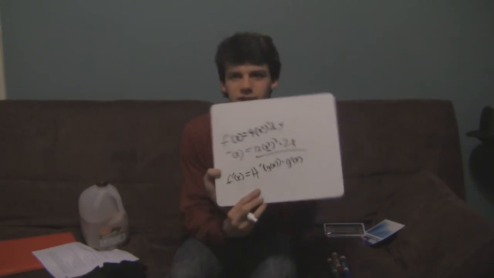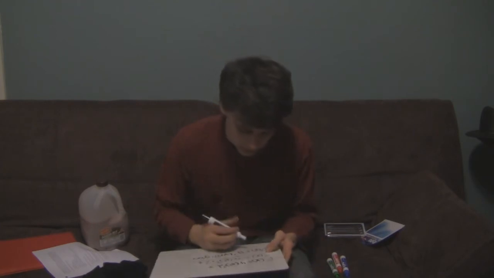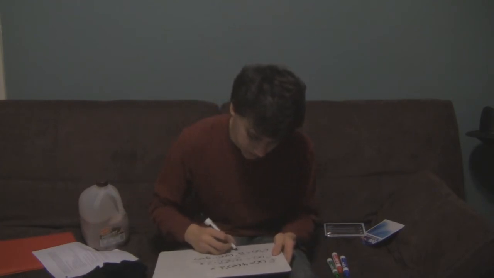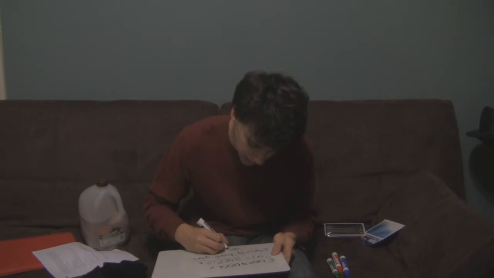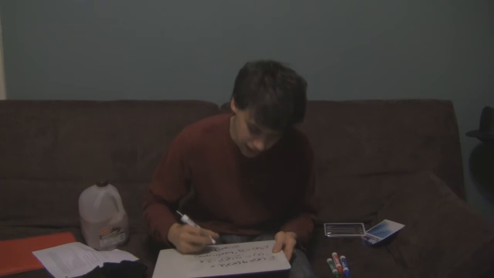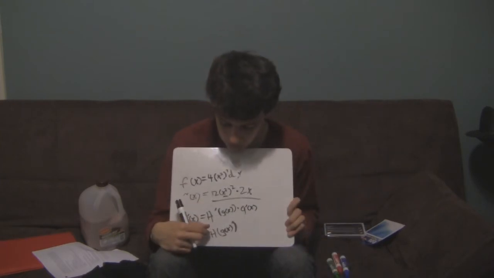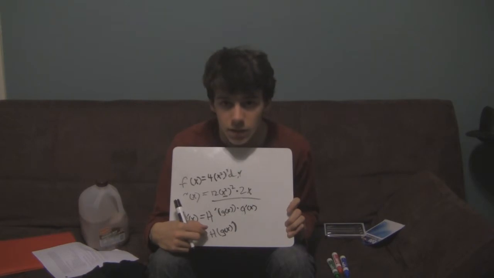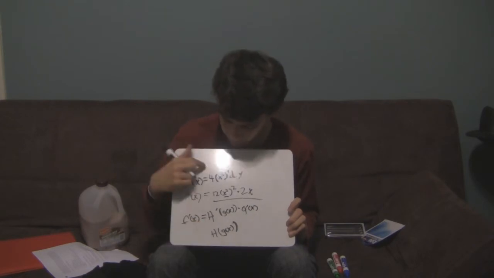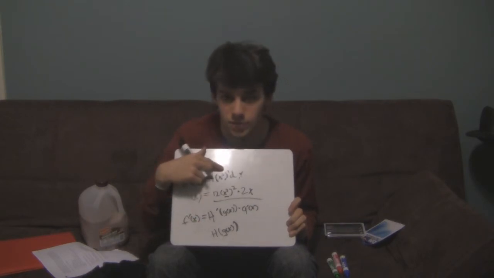Sorry about that, we're going to change that to h prime just to keep consistent. So what you have at the beginning is h of g of x, okay? So your h would be the 4 and the cubed right here.